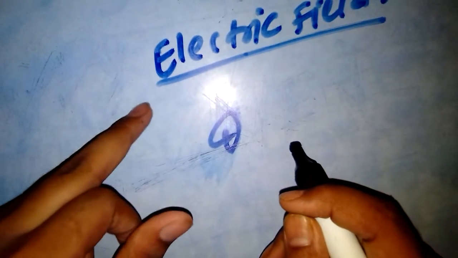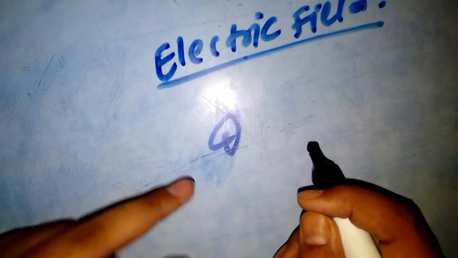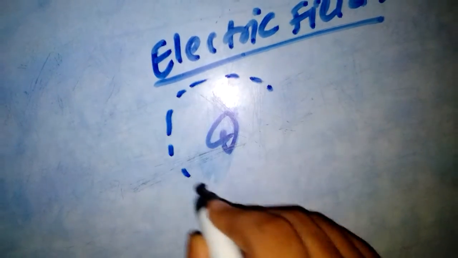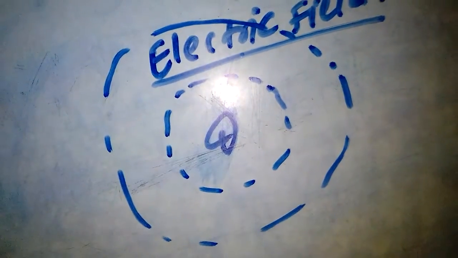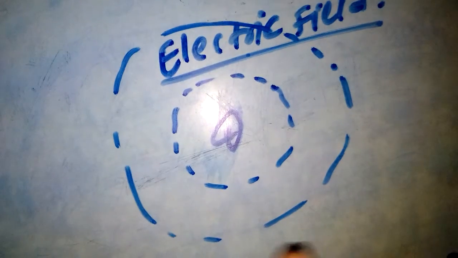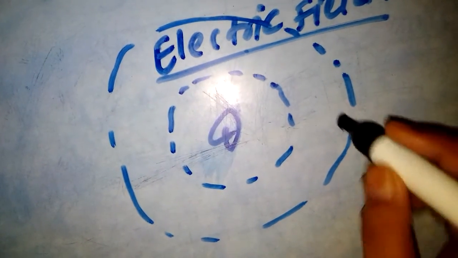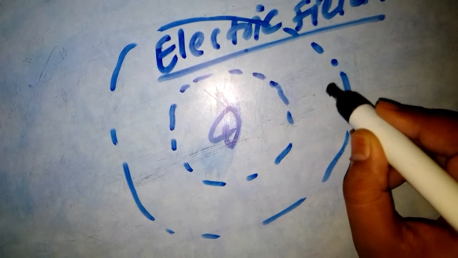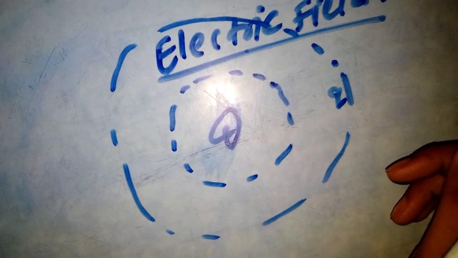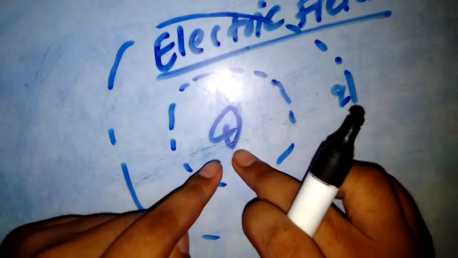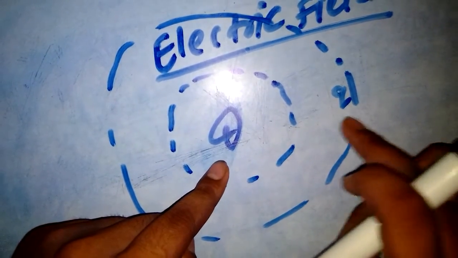So how do we define electric field? We define electric field as a region around a charge where another charge experiences a force. Let another test charge be q.